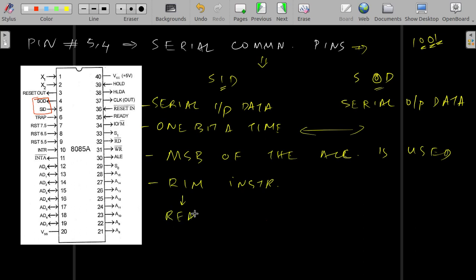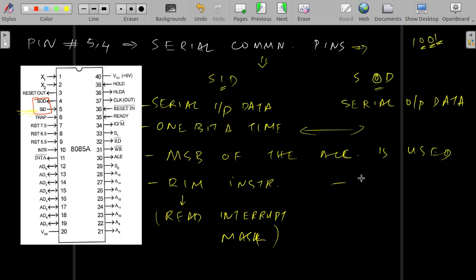Read interrupt mask. This is an instruction, the RIM instruction. We'll go through them in detail later. Once we use the read interrupt mask, RIM instruction, whatever is there in this SID port will be taken and put into the MSB of the accumulator. Then the processor can use that bit as the programmer wishes.